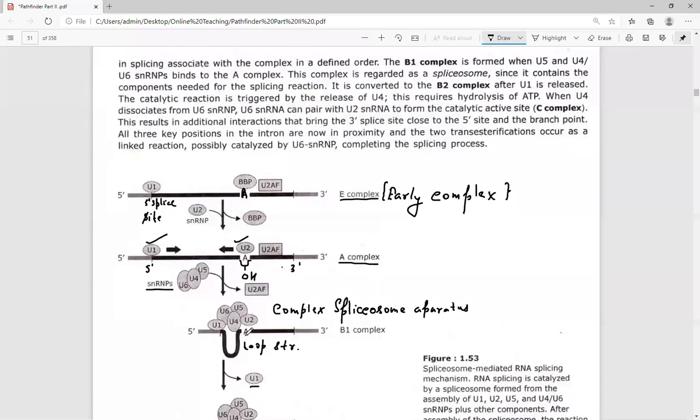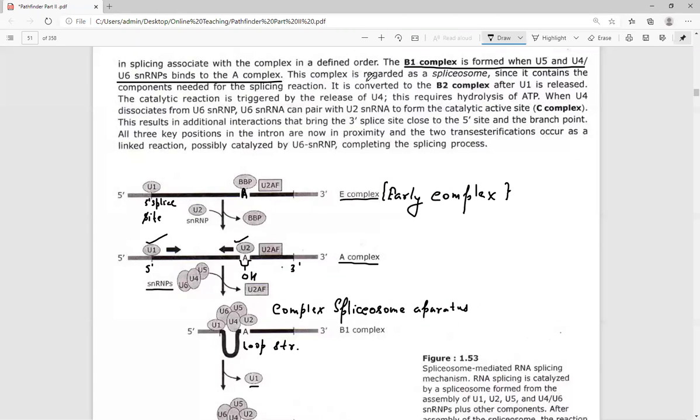Ultimately, what will happen? The U1 component will be released. Look here, the B1 complex is formed when the U5 and U4/U6 snRNP bind to the A complex.